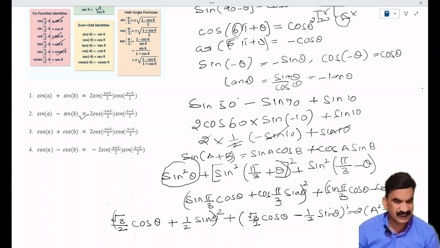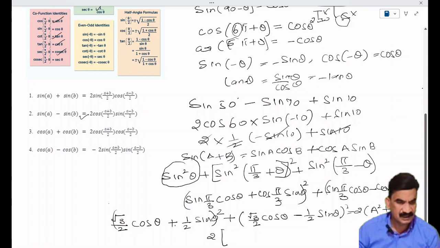So you can straightforwardly write it as 2 times, you square them, it will be 3 by 4 cos square theta plus 1 by 4 sine square theta, correct?